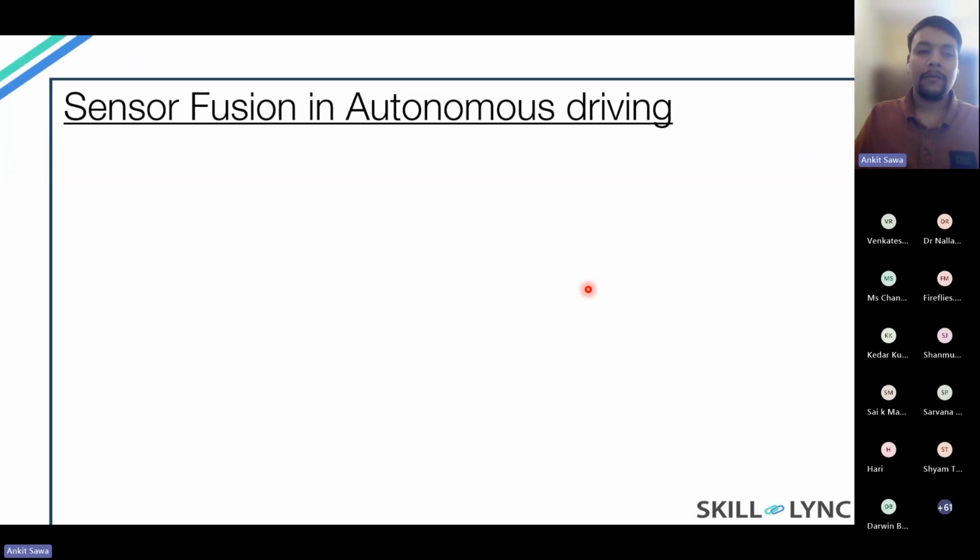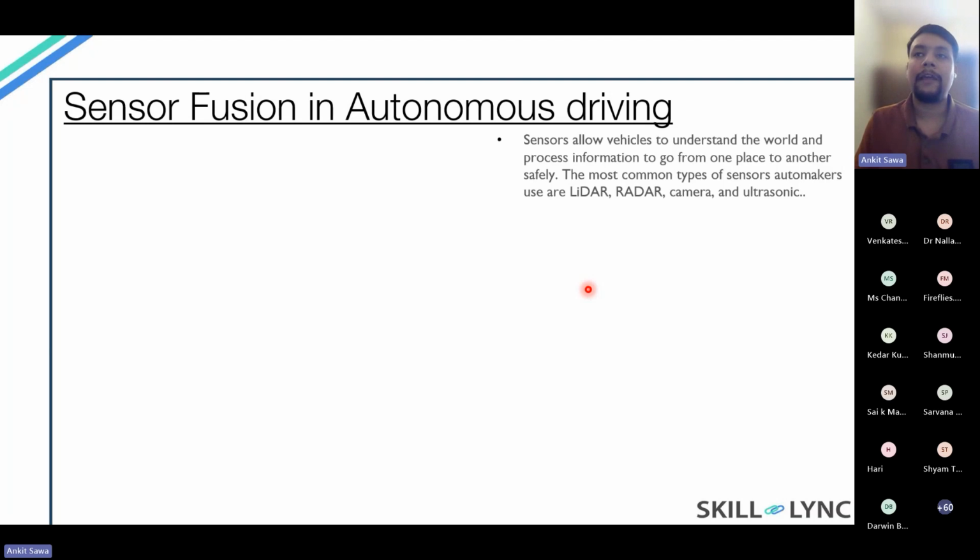So we'll talk a little bit about the sensor fusion that we spoke about in the previous slide. Sensor fusion is nothing but making sense out of all the sensor data that is being collected by all the sensors. There are primarily multiple types of sensors in the vehicle, as we saw in the last chart. These sensors allow us to understand the world and process information to go from one place to another safely.